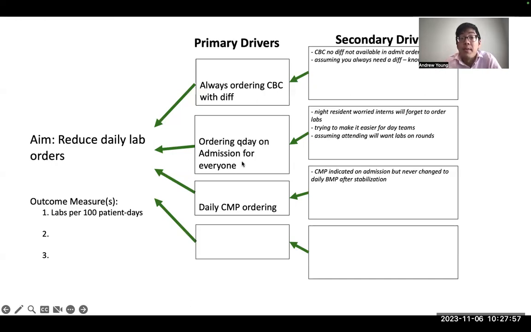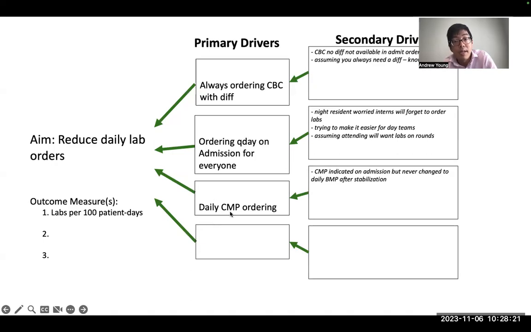Maybe another primary driver is ordering Q day on admission for everyone. Maybe this happens especially at night. And this could be because the night resident is worried the interns will forget to order labs. They're trying to make it easier for the day teams. They're assuming the attending will want labs on rounds. Maybe the attending actually does want labs on rounds every time, and maybe that's not appropriate, right?